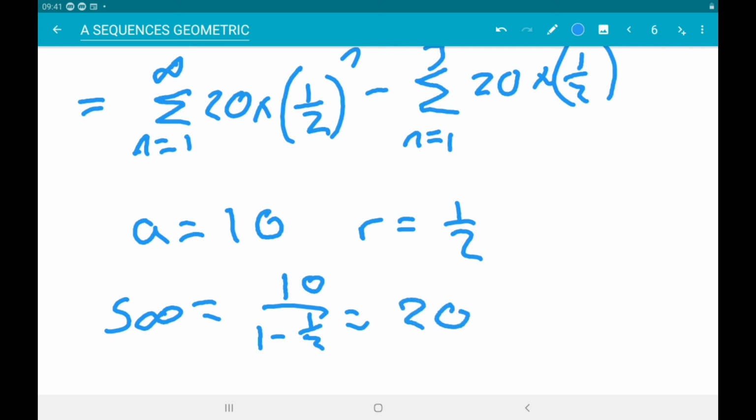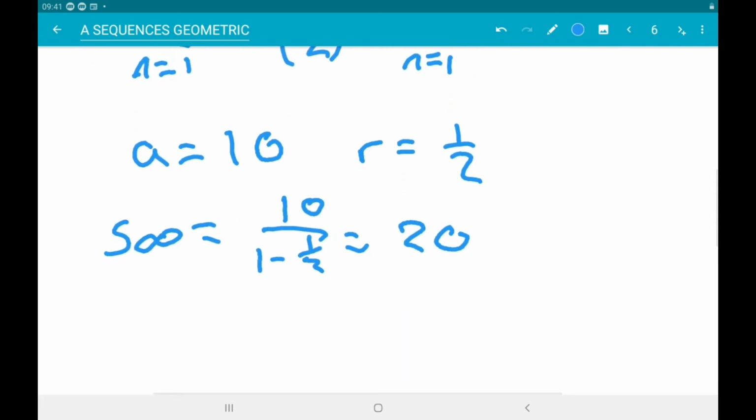Now our sum to 3, that's easy to work out. That's 10 add 5 add 2.5, so that's 17.5.